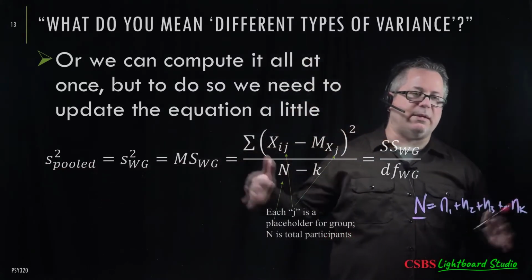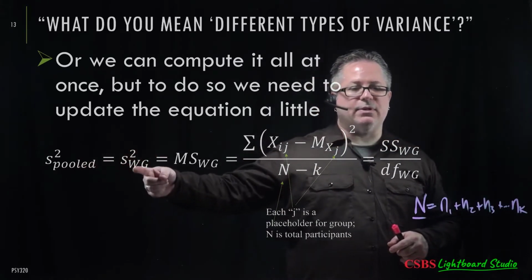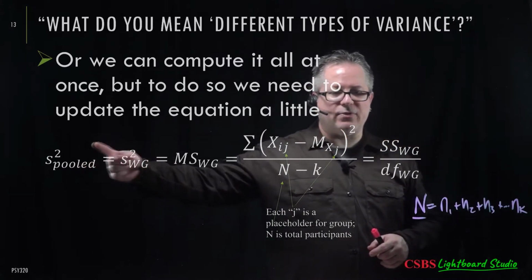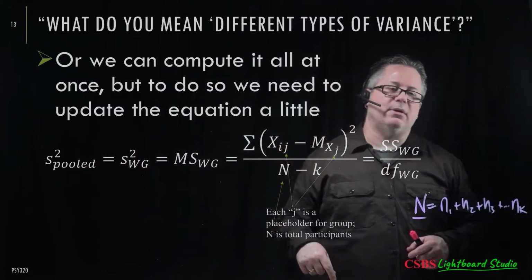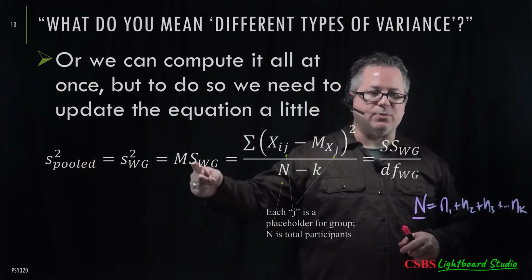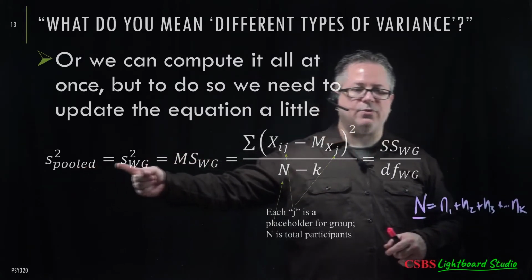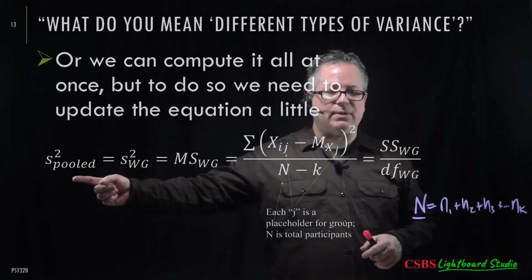It's just being expanded to more groups. All right, so pooled variance equals the within groups variance. Those two are synonymous. They mean the same thing. And then we also often refer to this as the mean square within groups because mean square and variance are the same thing. So all 3 of these are interchangeable and mean the same thing.